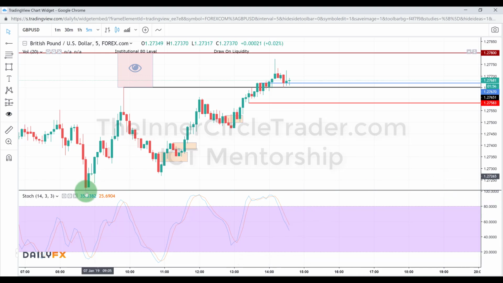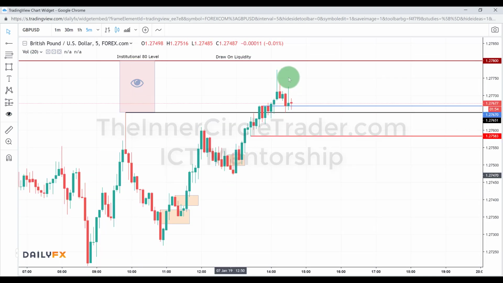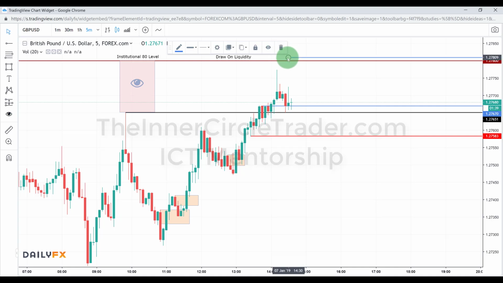But I was hoping I'd see some measure of a stronger divergence on the indicators in here. I'm not seeing it, but the narrative still is this is the draw on liquidity. I want to see 2782 printed, because if I get that, that gives me 20 pips.